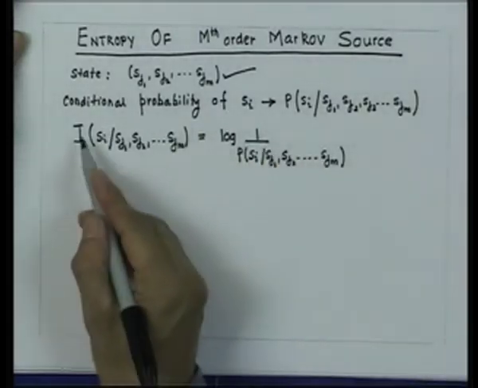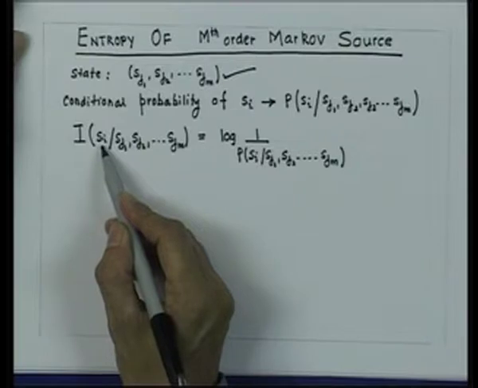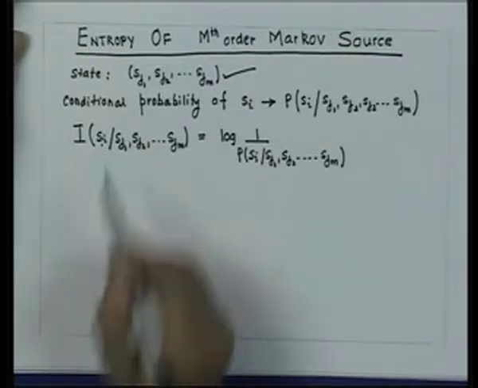So, this is the amount of information which I get on occurrence of a particular symbol Si.